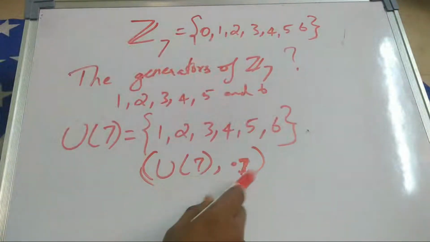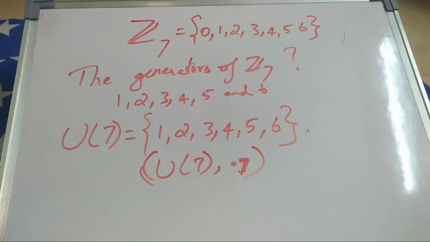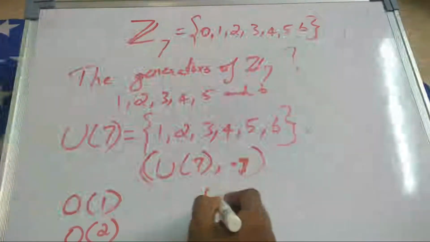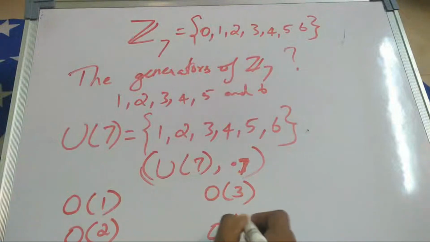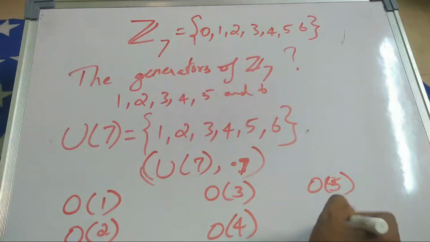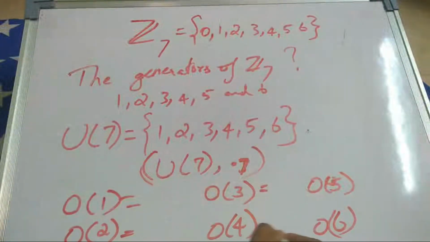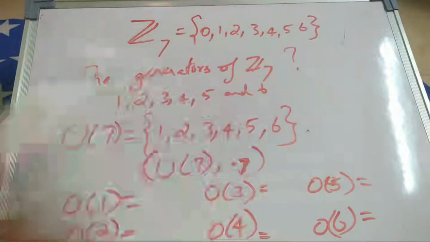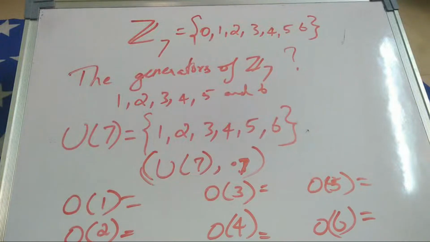Now, under this multiplication modulo, please try to find the order of each element. Please be clear with the question. I said with respect to multiplication modulo 7, this will definitely form a group. Now try to find the order of each element in this group.